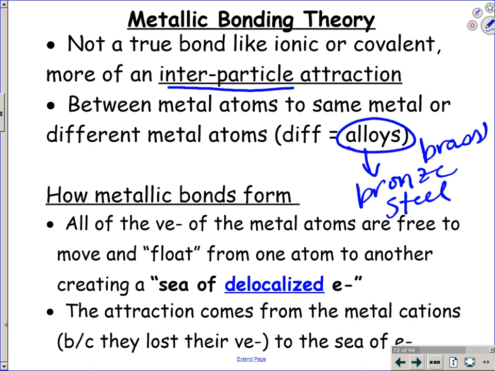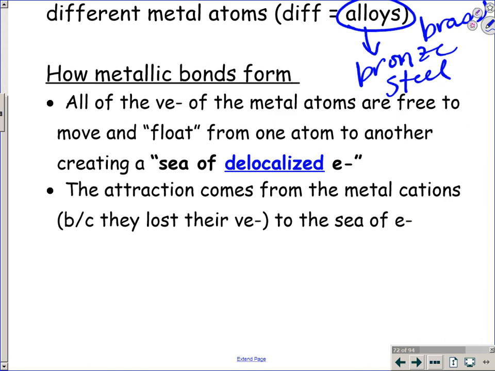Okay, so how does a metallic bond work? We have electrons floating around very freely, but those electrons are still attracted to their metal ion atoms. So the valence electrons from all these metal atoms are put in a pool, and they can float around very freely. We call that delocalization. So if I am localized, what does that mean? You are in one place. So if you're delocalized, what are you? Not in one place.